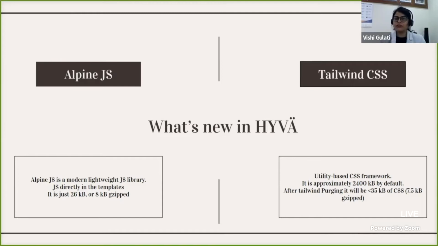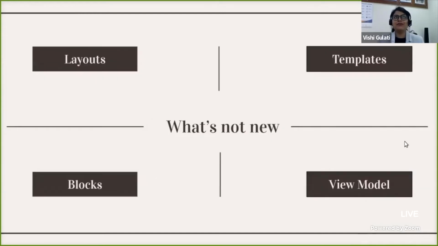By default it is 2400 KB, but using Tailwind purging, we strip out all the unused CSS classes and get only 35 KB of CSS, which is almost 7.5 KB gzipped. So that's why this is good. Now let's see what old things are still being used.